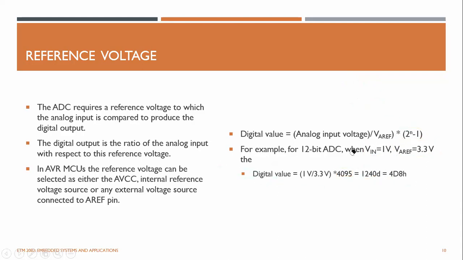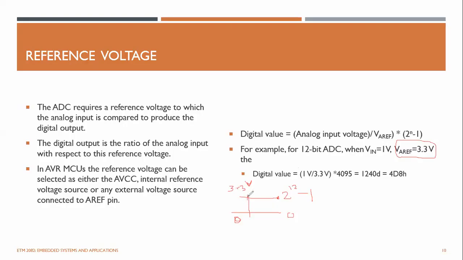The thing is, you cannot go over the reference voltage, right? Let's say you have this 12-bit, so your analog signal should vary from 0 to a maximum of 3.3 volts, right? It cannot go beyond 3.3. Now, with a 12-bit ADC, the maximum value is 2 to the power 12 minus 1. This is the maximum value that you can represent for 3.3, and the lowest value is 0.